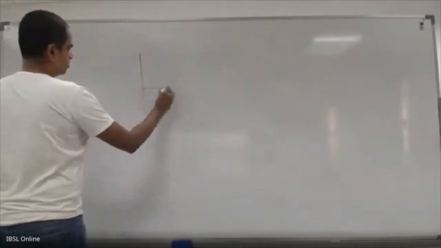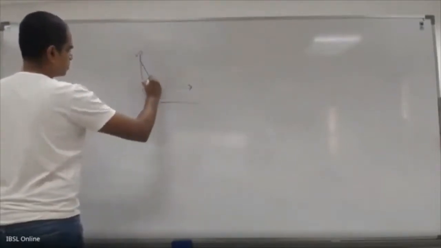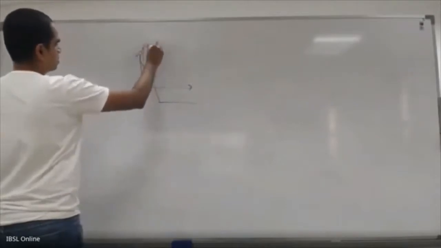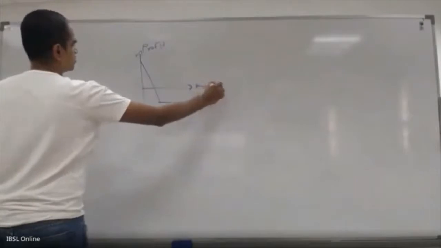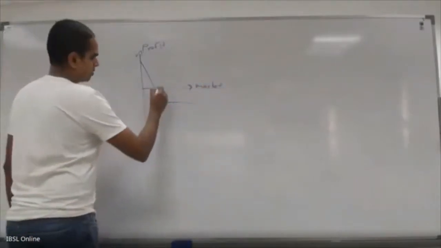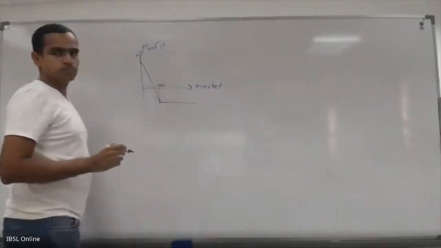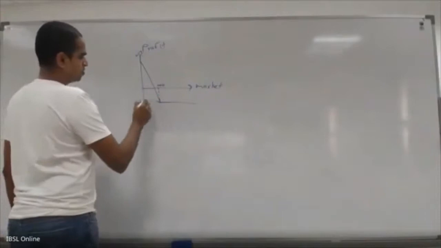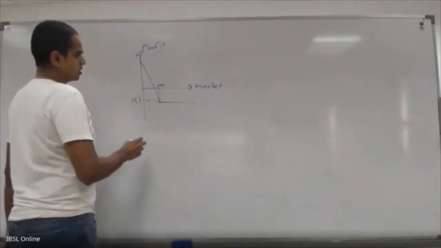Right, so put option, profit, and here you have market. First one is long put, strike price of 100, premium of 4, and stock price is 90.